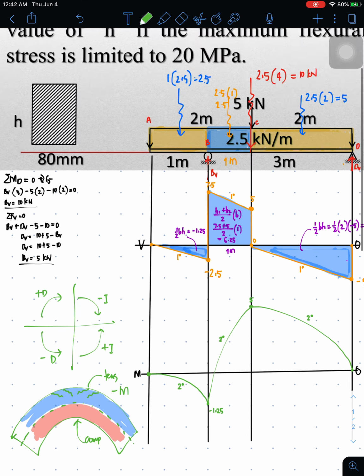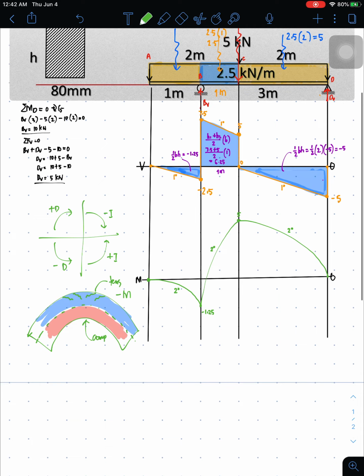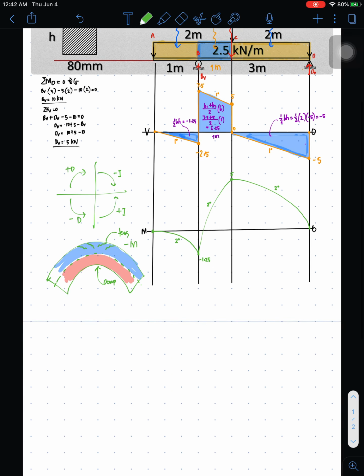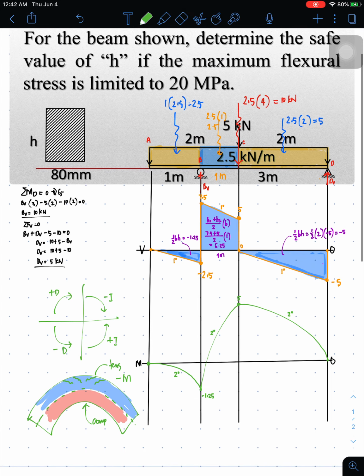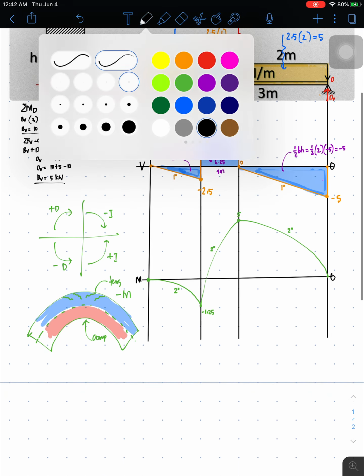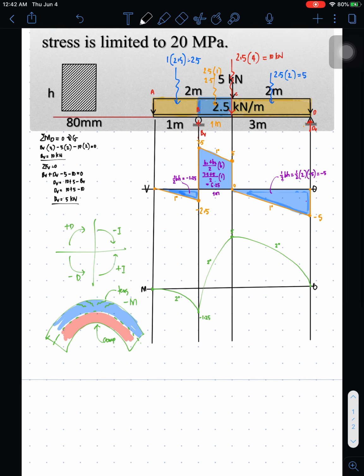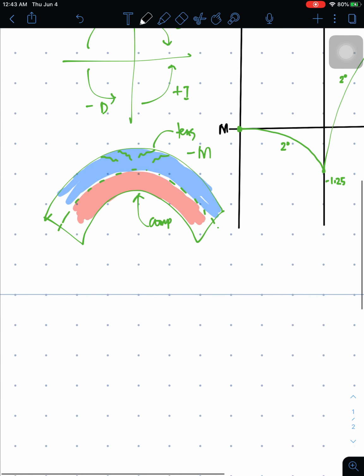And then we have this value, flexure. So let's write the formula for flexure. That flexure is Mc over I, because we're talking about maximum flexure.